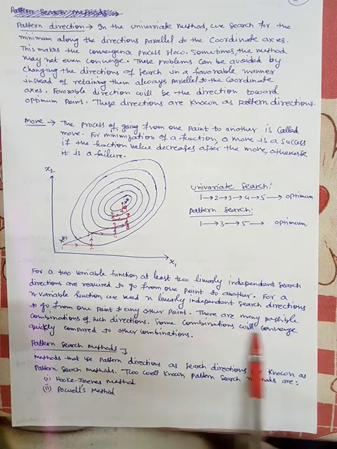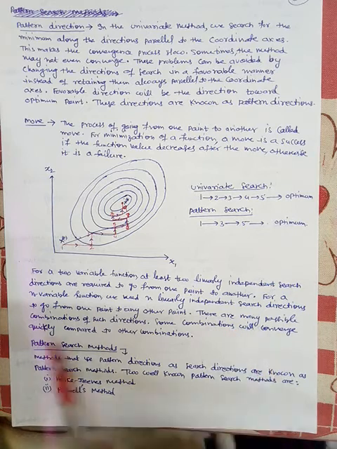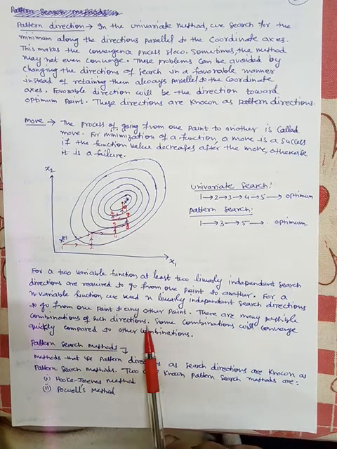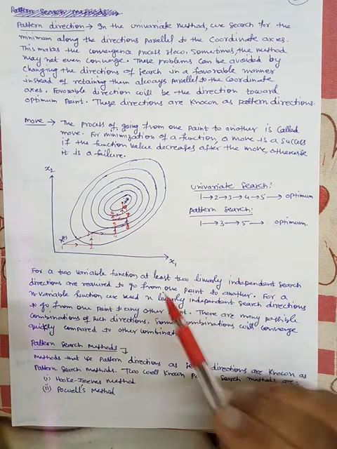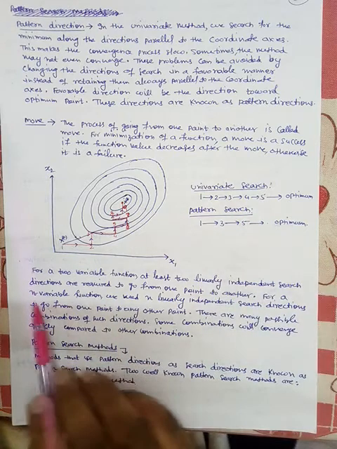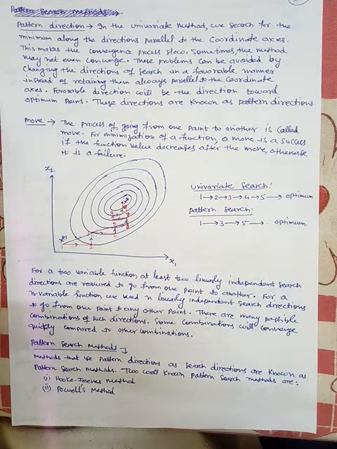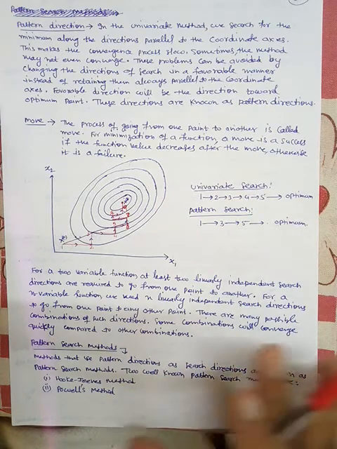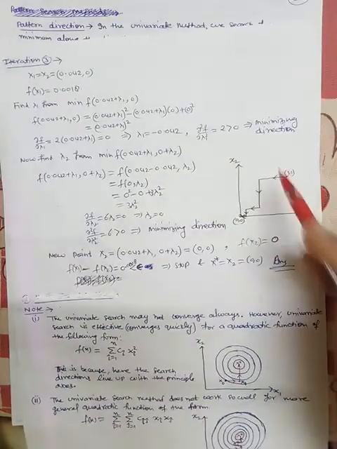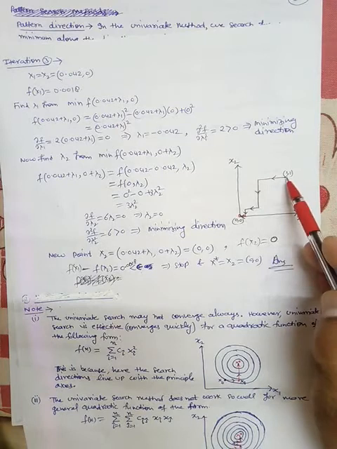Okay. So there are many possible combinations of such directions. In n dimensions, there are many possible combinations. Positive direction, negative direction. Okay. Just like here we are moving from here. We may go here in positive, or in negative also.